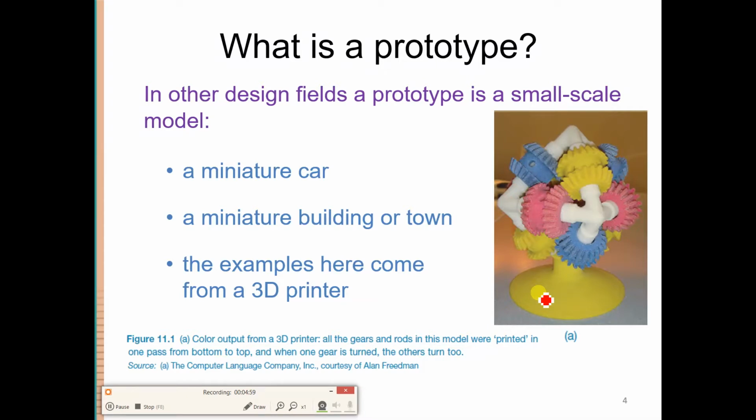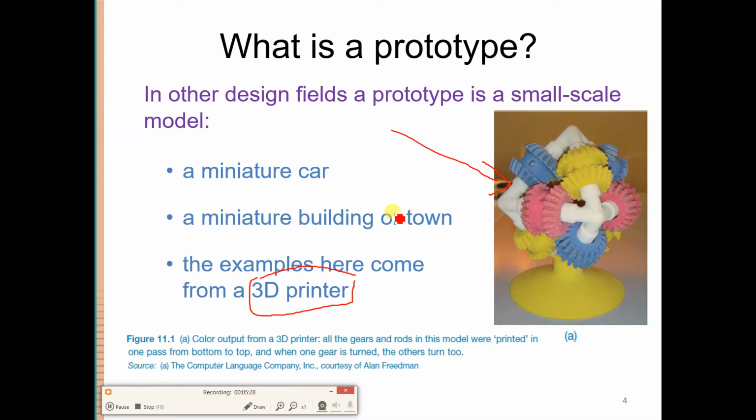Here you can see on the right side we have a picture, and this picture shows a kind of machinery design being manufactured by a 3D printer. Nowadays 3D printers are getting popular, so we can create the prototype using a 3D printer because it is much more sophisticated.